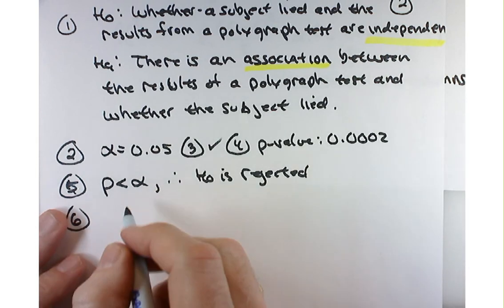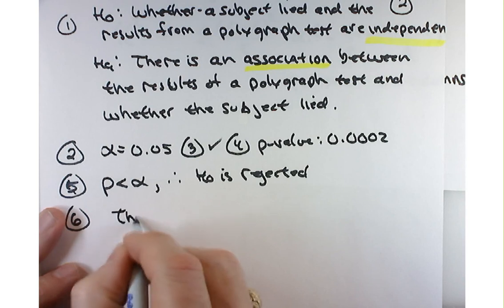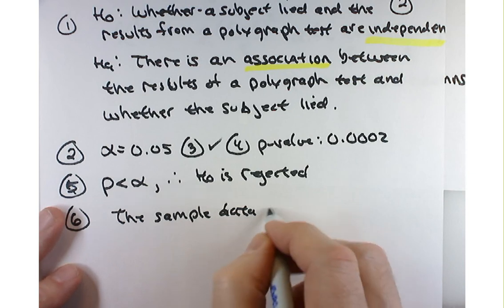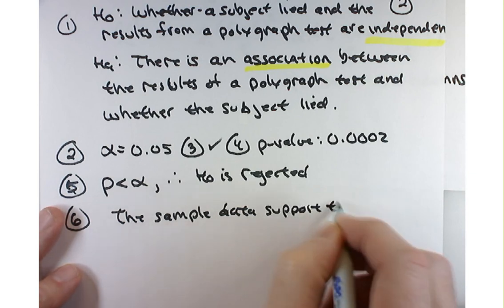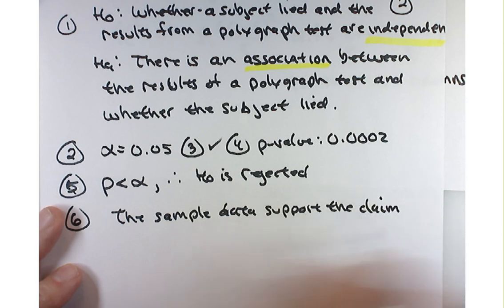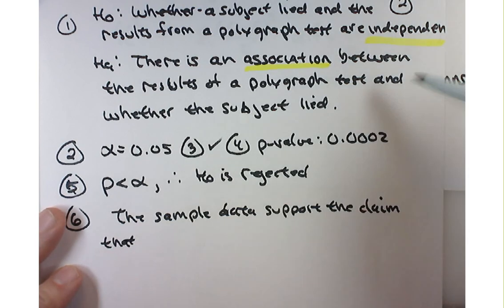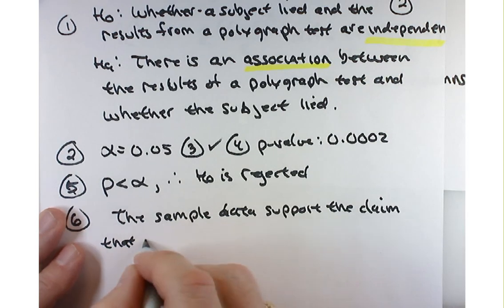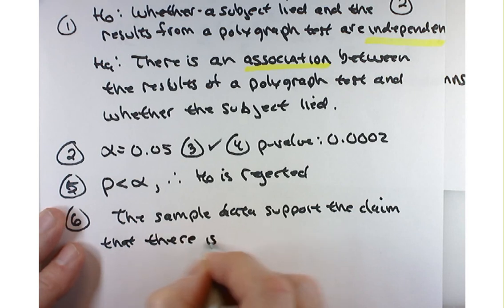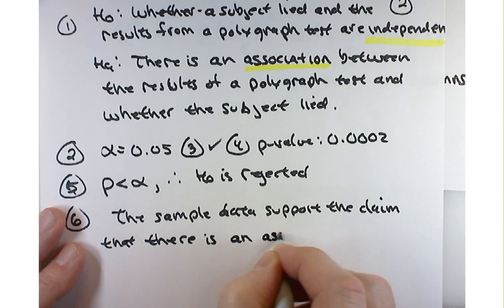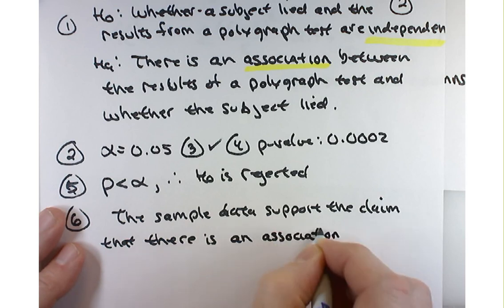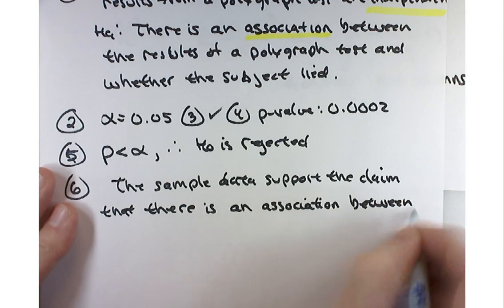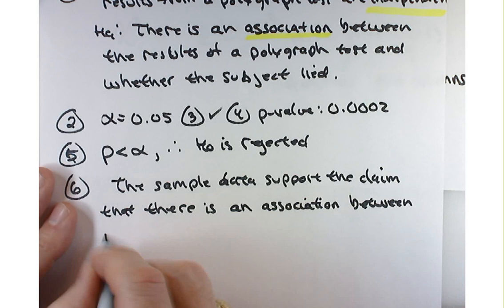In this case, I would say the sample data support the claim that, now if the sample data is supporting a claim, it's going to be here in the alternative, that there is an association between lying and the results of a polygraph test.